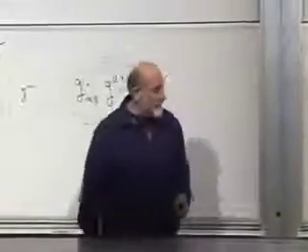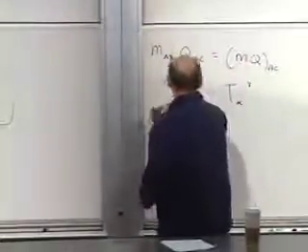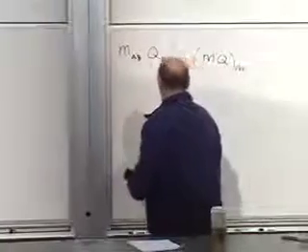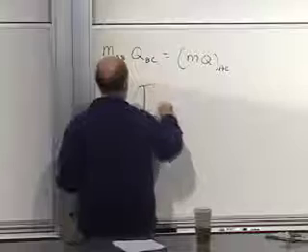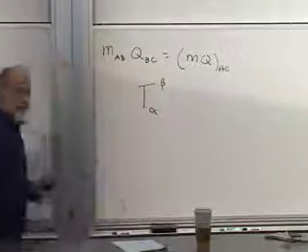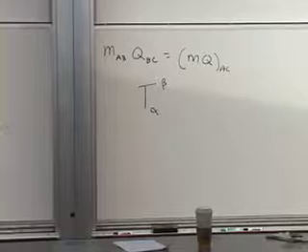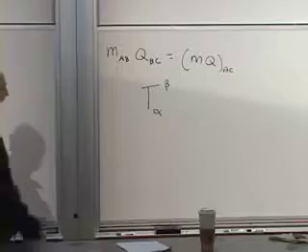Now, that tells you something else. Supposing you want to contract an upper index and a lower index. Supposing you have some tensor, T alpha beta, and you want to form a scalar out of it. To form a scalar out of it, you can multiply it by the metric.